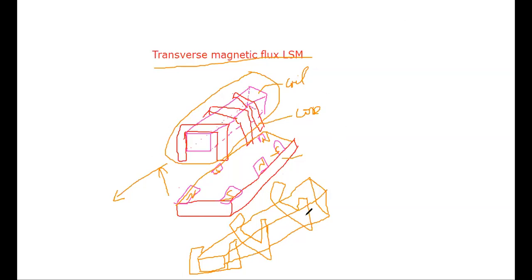This one is the core and this one is the coil, that is the primary winding or our armature winding. So again, the flux will be produced perpendicular to the direction of the motion. So this type of machine is said to be a transverse magnetic flux linear synchronous motor, right?